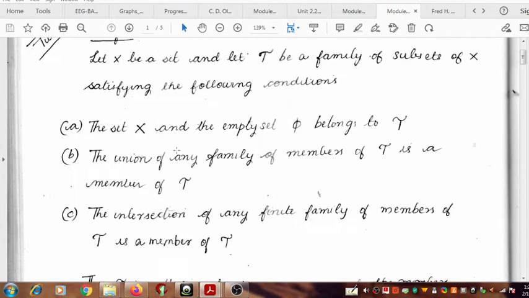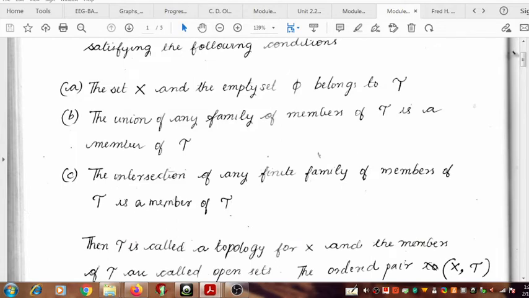Each member is a subset of X. So whether the union of any number of members of tau is also a member of the same family, of tau.